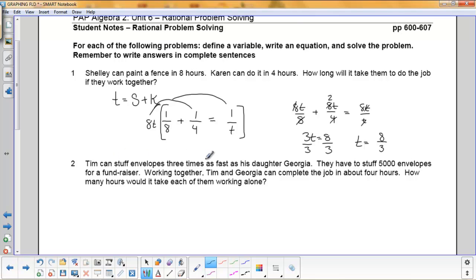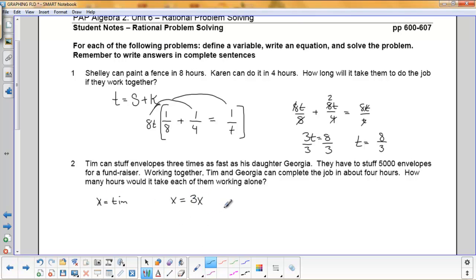Tim can stuff envelopes 3 times as fast as his daughter. So the amount of envelopes that Tim can stuff is going to be equal to 3 times the number that his daughter can stuff. Okay? So this one is going to be his daughter, and this one's going to be Tim.